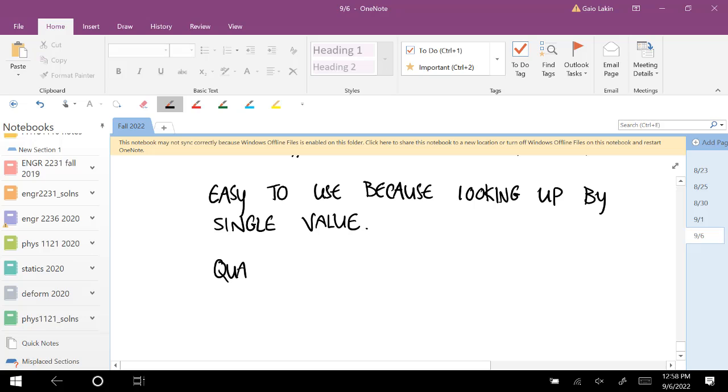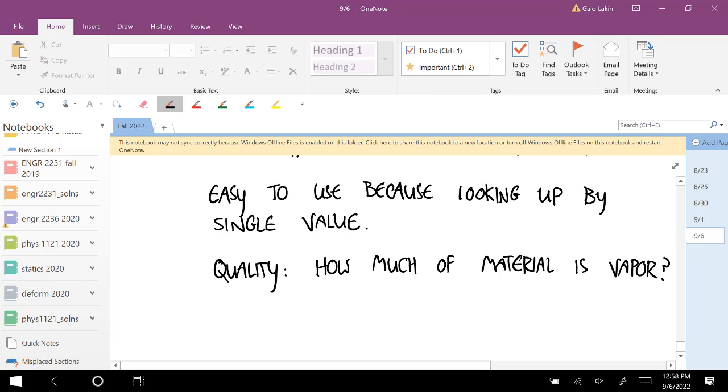A term that we're going to use a lot is quality. Quality is basically how much of the material is vapor compared to liquid.